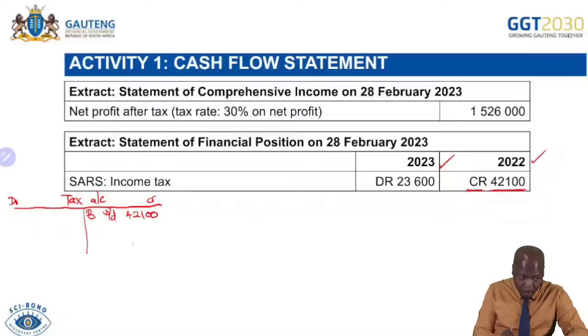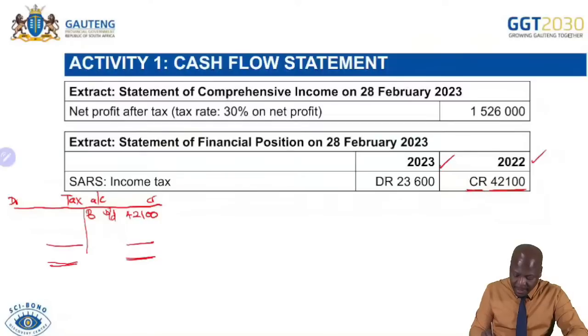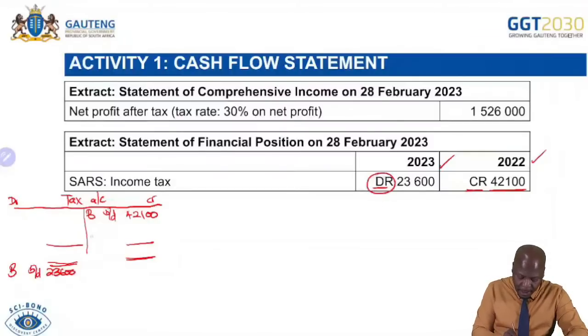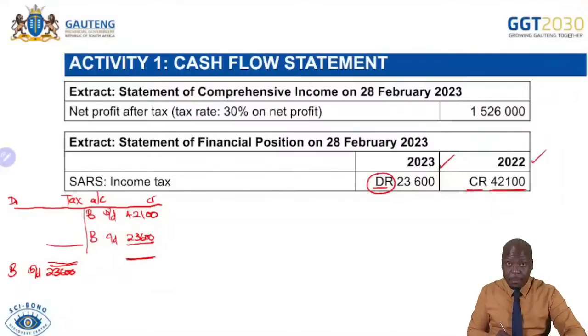And then I know that I'm going to have a closing balance. So here's my ledger account. Remember that. And then my closing balance is a debit balance here. That means I'm bringing it here as my balance brought down 23,600, because this is a debit balance. And that debit balance, when I come here, it's going to be balance carried down on the credit side now. So I'm going to have my 23,600 here.